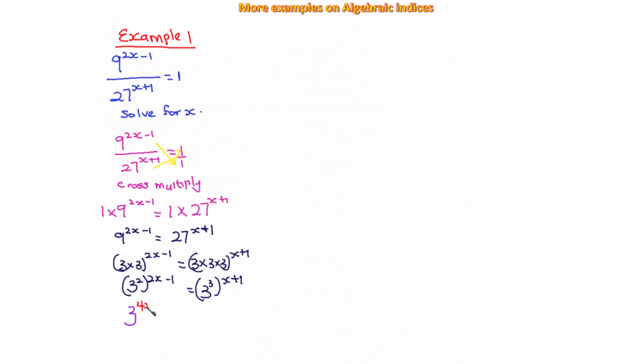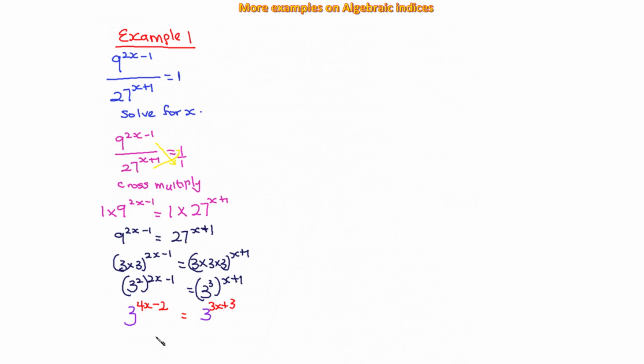That's 4x. 2 times 1, that's minus 2, is equal to 3 again, then you multiply your 3 with the outside values. 3 times x is 3x plus 3.